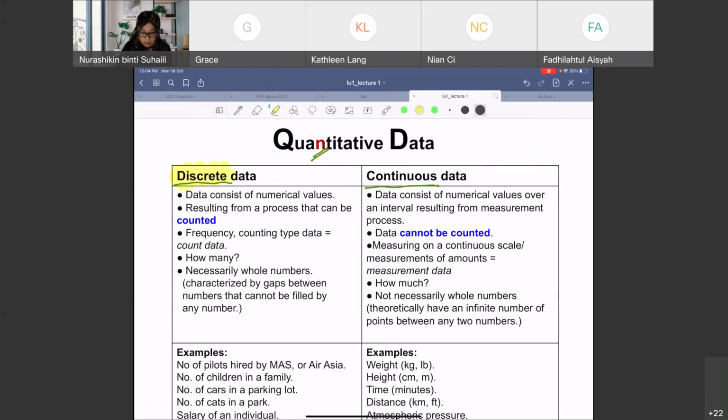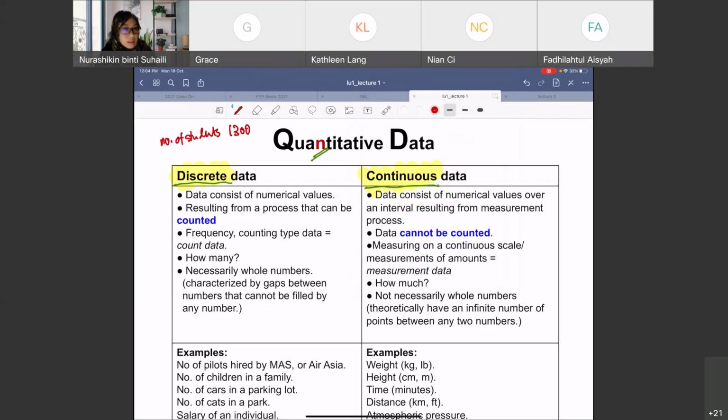So what does it mean by discrete and continuous data? Discrete means, let's say, how many students are in FRST. So there are maybe 1,000 students. Let's say I put it like a number. Let's say number of students, 1,300.